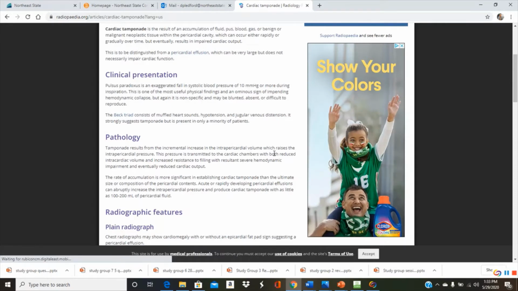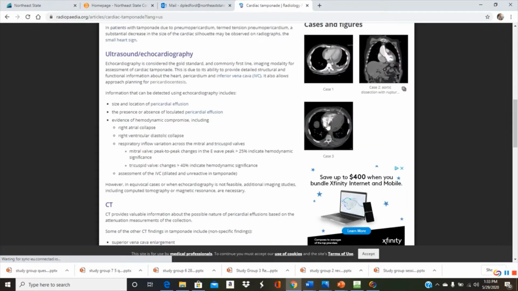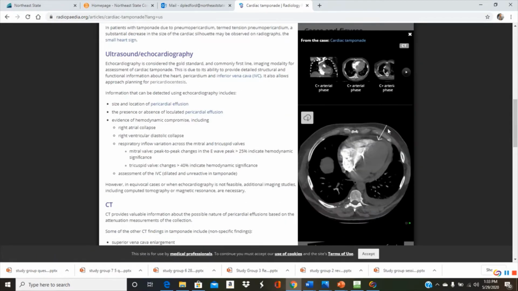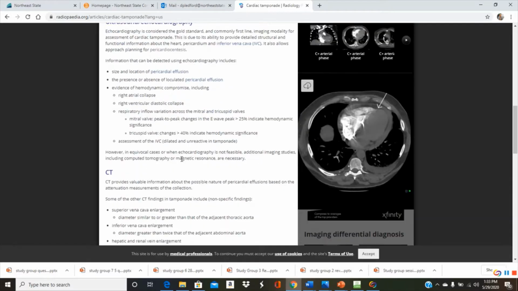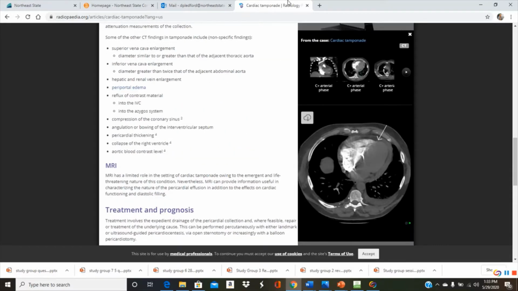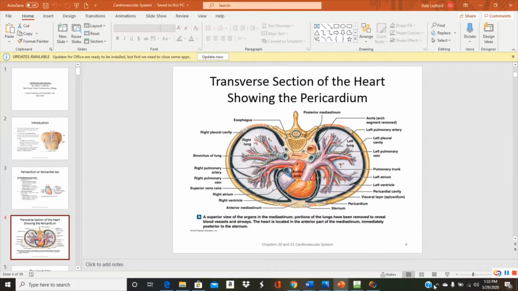You can actually squeeze the heart. It actually gets squeezed and it buckles inward, because it's caused by a pretty nasty external pressure that will cause that cardiac tamponade.